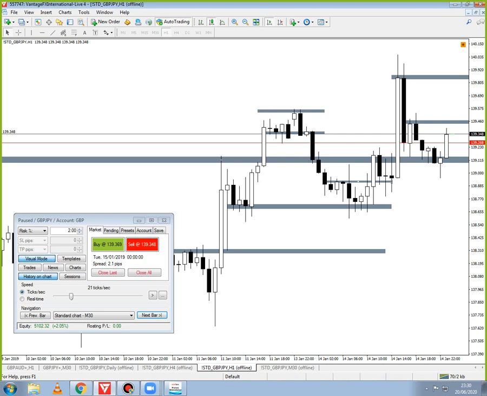Once again, looking at these wicks, we've got this wick here. Maybe once price is breaking above this wick to the left, we've got this clean move coming up. So let's see what happens.